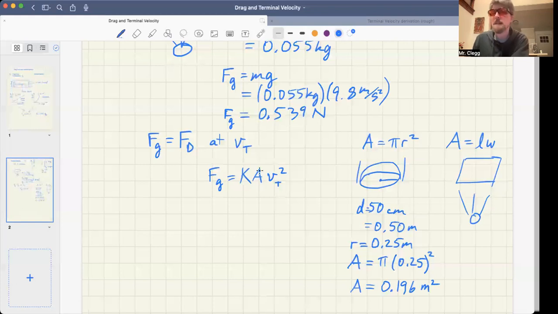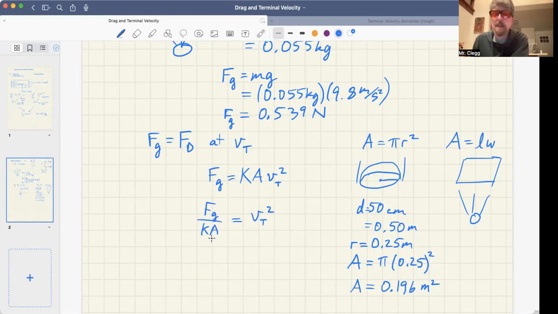Now I have all the things I need to find my terminal velocity. The first thing I'm going to do is rearrange this so I can have my little equation for terminal velocity. I'm going to divide by k and A at the same time on both sides, so it ends up on the other side. So I'll have my Fg over kA, and that's going to be equal to v_t squared, terminal velocity squared.